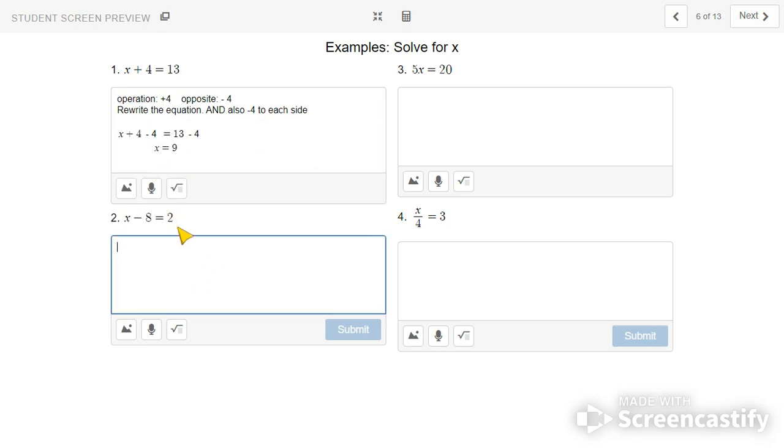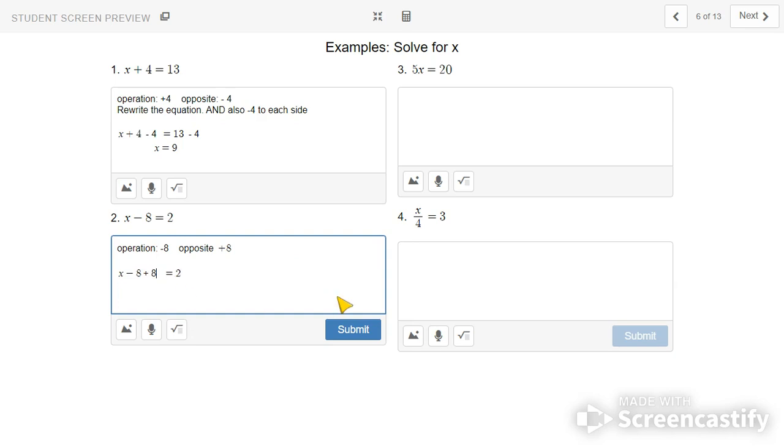Let's do another example. We've identified the operation as minus 8. The opposite of subtract 8 would be adding 8. So once again, we're going to rewrite the equation, and then we are going to add 8 to both sides.